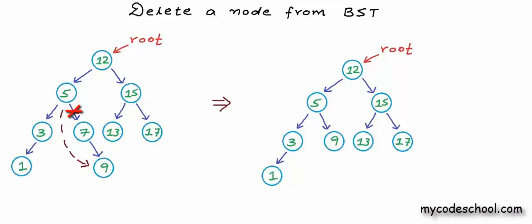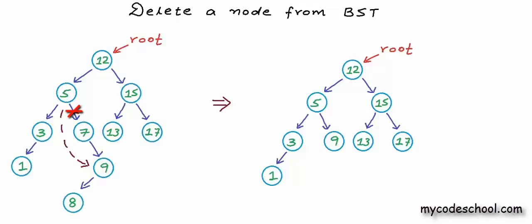Is this still a binary search tree? Yes, it is. Only the right subtree of the node with value 5 has changed. Earlier we had 7 and 9 in the right subtree of 5, and now we have 9, which is fine. What if we were having some more nodes below 9? Here in this tree I can have a node in the left of 9, and the value in this node has to be lesser than 12, greater than 5, greater than 7 and lesser than 9.